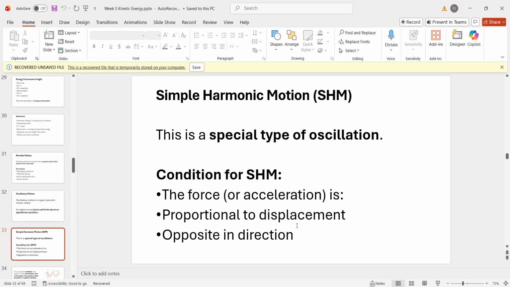From there, you're able to get the exact experimental value, 9.8, which is approximately 10. But when the angle is large, you are likely not to get the 9.8 value for the acceleration.